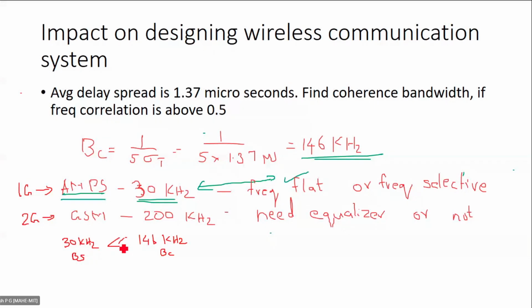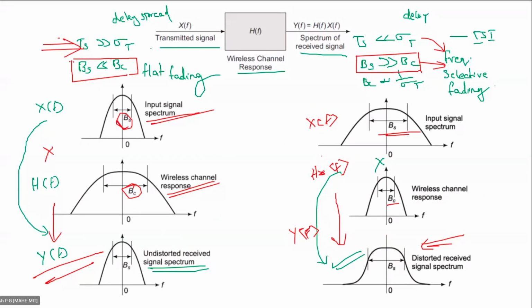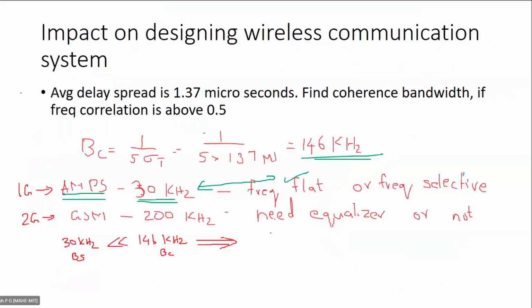Since signal bandwidth is less, we call such a system, what is the name for such a system? If coherence bandwidth is high, what is the name allotted to such a system? It is flat fading. So if coherence bandwidth is high compared to signal bandwidth, it is called flat fading.